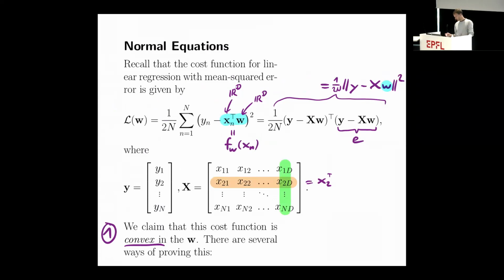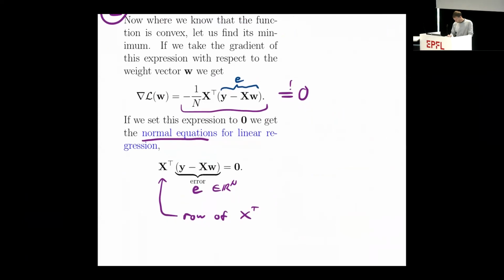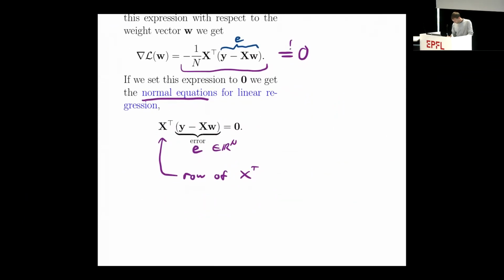So for every data point n, you look at one feature and ask what is that feature for every data point n. So that's what a row here is. So this is what we call a feature vector. And this guy, of course, is also in n dimensions.